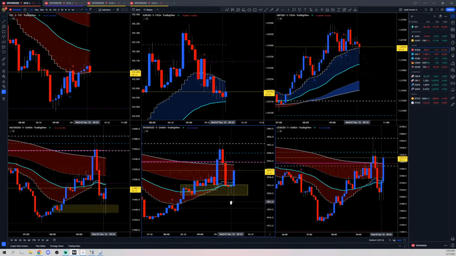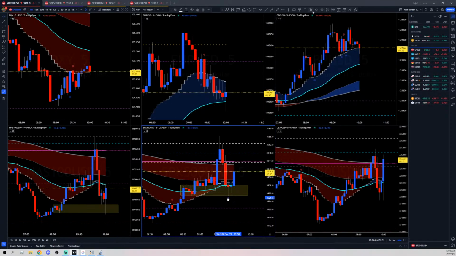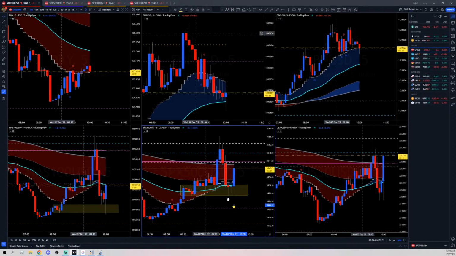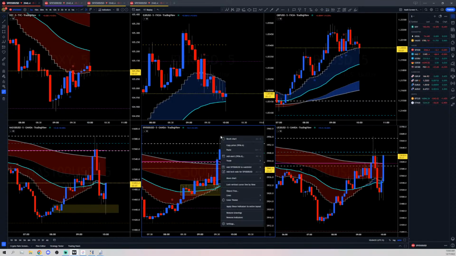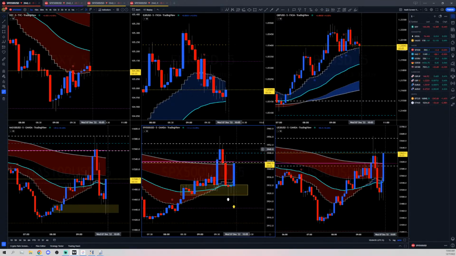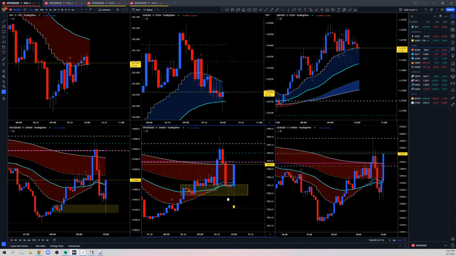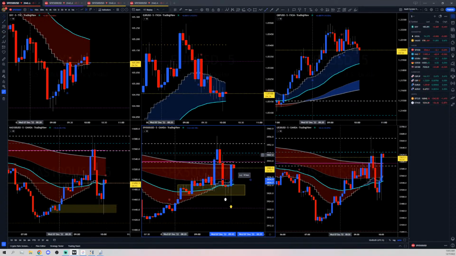So this is our active rejection. And this is our break. That's a break. So now I'm curious, because exactly what I'm about to say, this demand is about to hold and price is about to push back up and go higher. But now, I want to see price come back and give a second opportunity. I want to see price come back to that same candle.